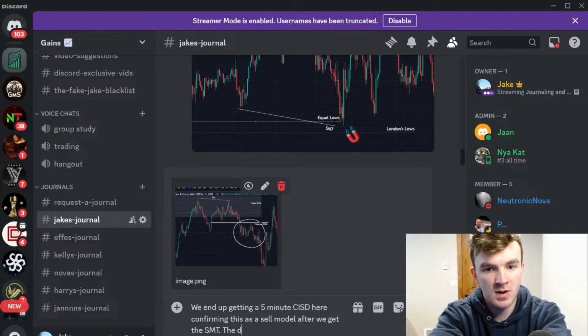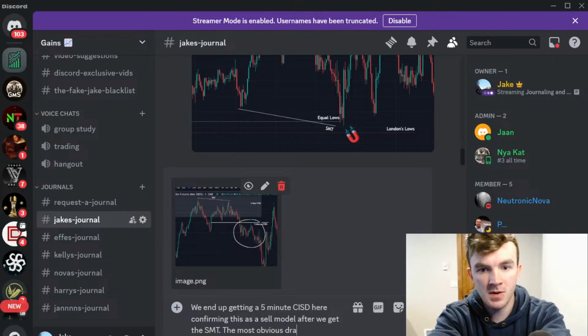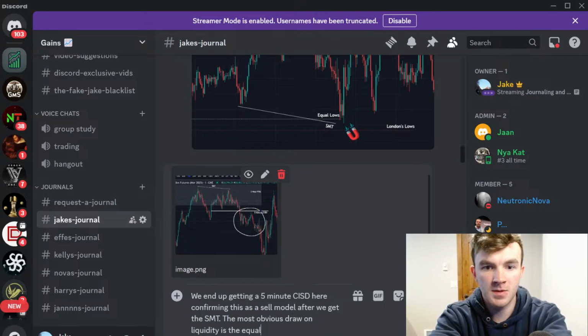The most obvious draw on liquidity is the equal lows.